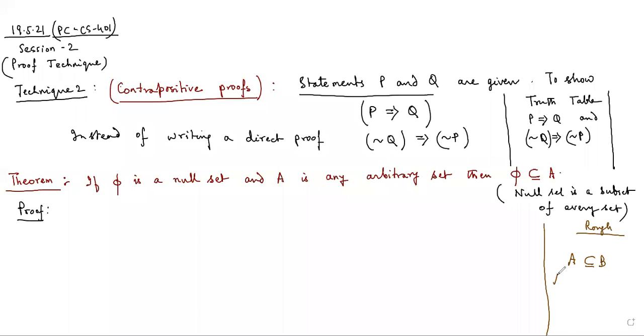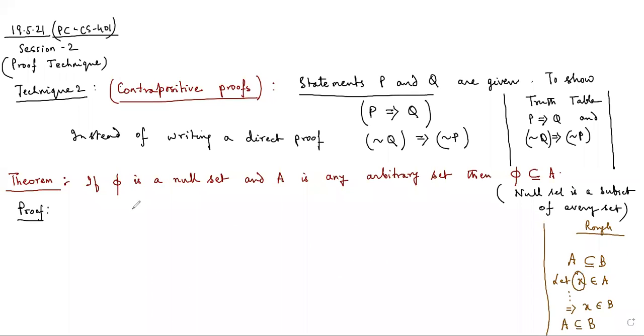We write: let us assume that an element x belongs to capital A, and after some argument I'm going to show that x belongs to capital B. By definition, capital A is a subset of capital B, because every element of capital A is an element of capital B. And since x is arbitrary, it is true for all x. We write it like this.